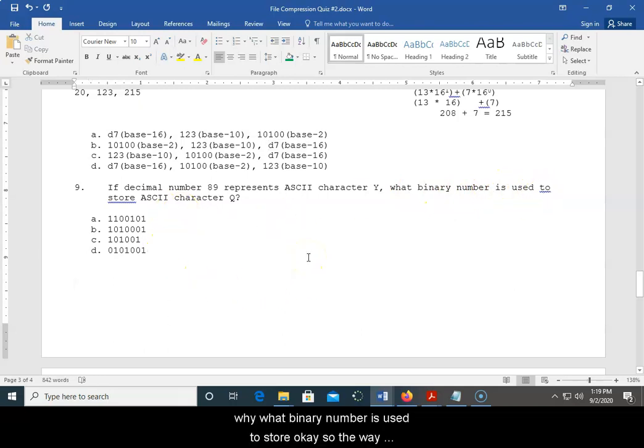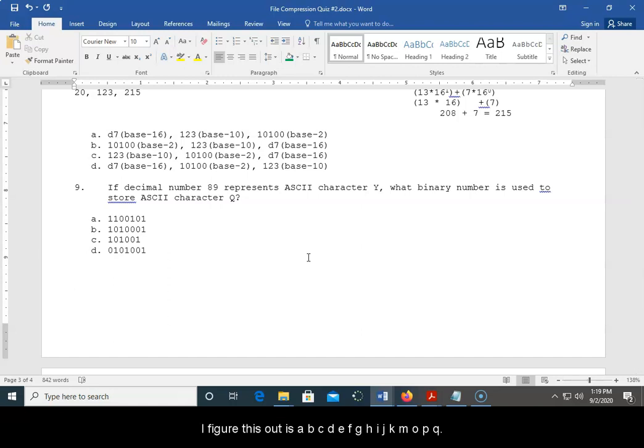Okay, so the way I'd figure this out is A, B, C, D, E, F, G, H, I, J, K, L, M, N, O, P, Q, R, S, T, U, V, W, X, Y. So in the problem it says 89 is represented by Y. You got 88, 87, 86, 85, 84, 83, 82.